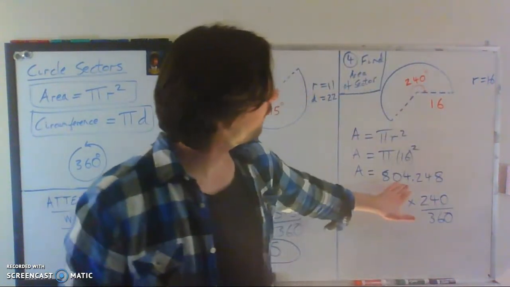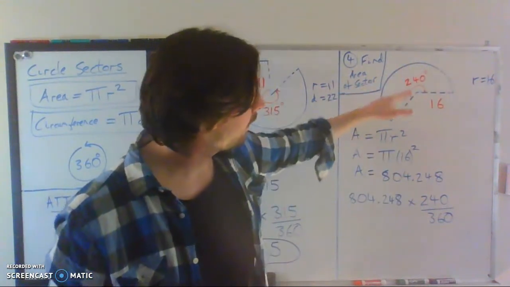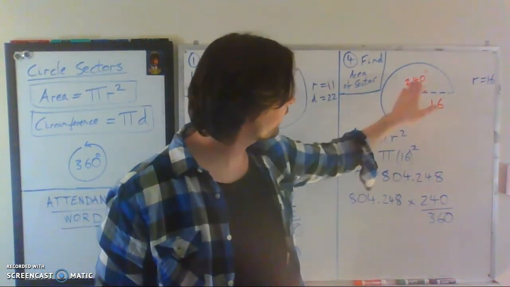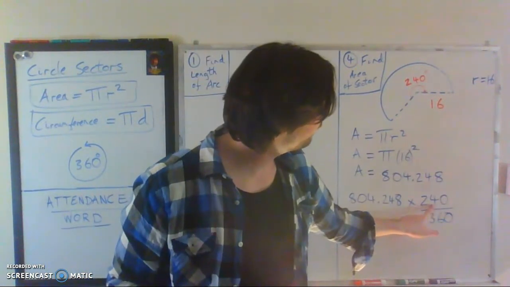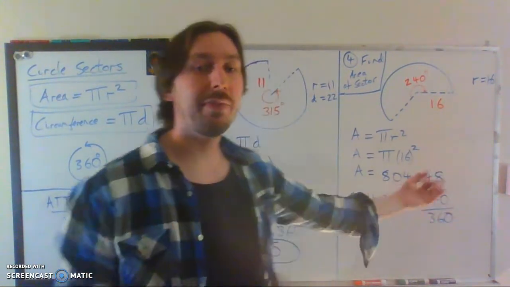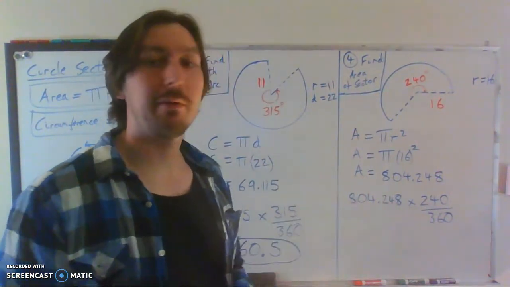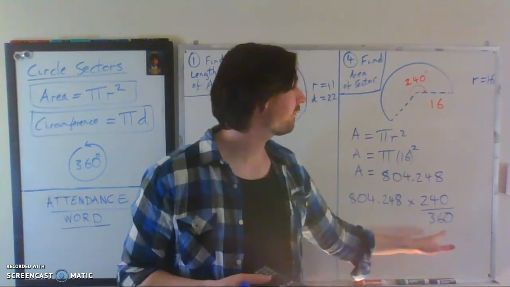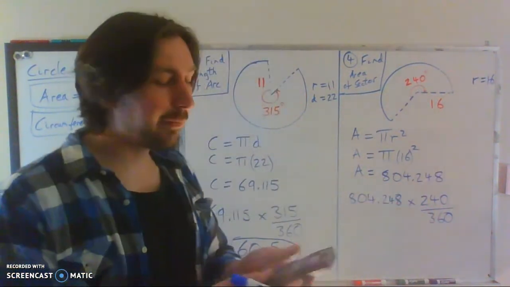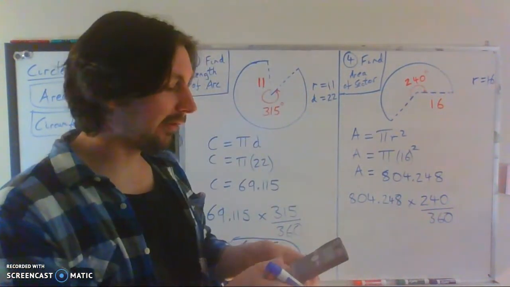Because that's the area of what the whole circle will be. So if I want to just get this bit, I change it into a fraction of what a whole circle would be, 240 out of 360, and then I multiply that onto this number. You could also think of it as 804 divided by 360 times 240. Same thing. It works in the same way.